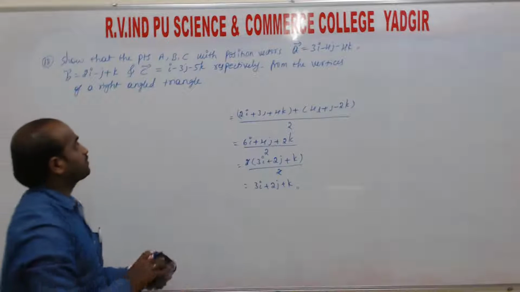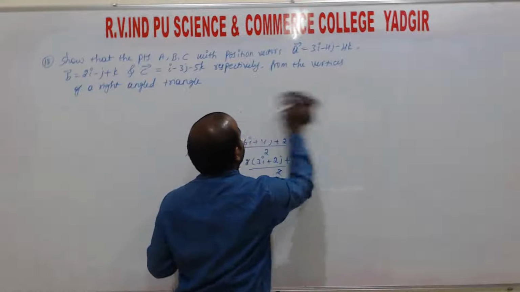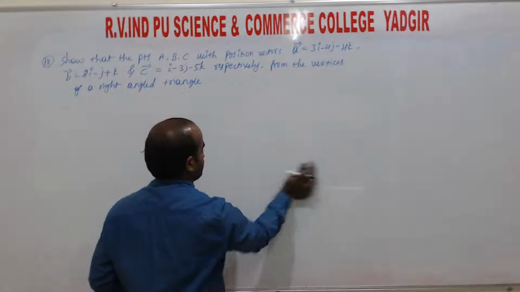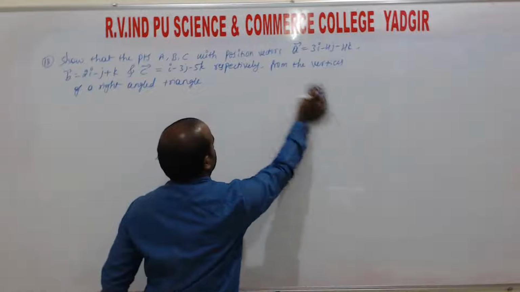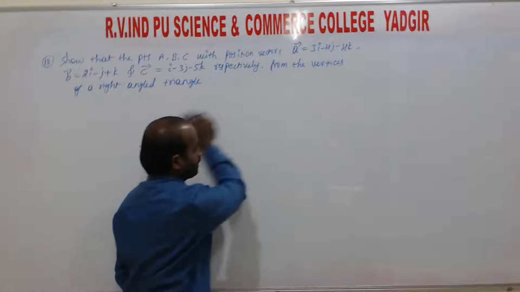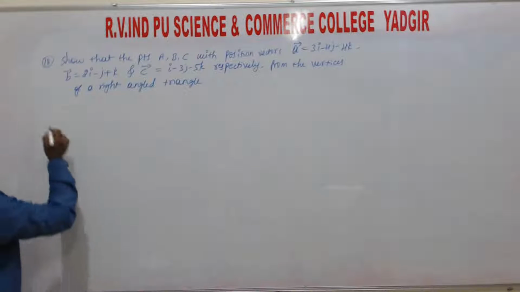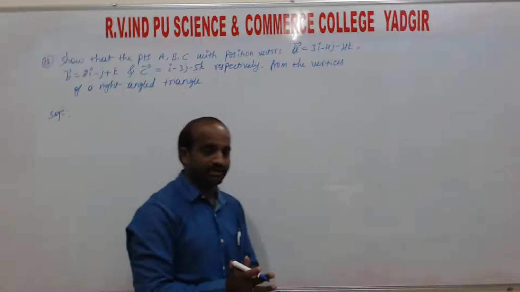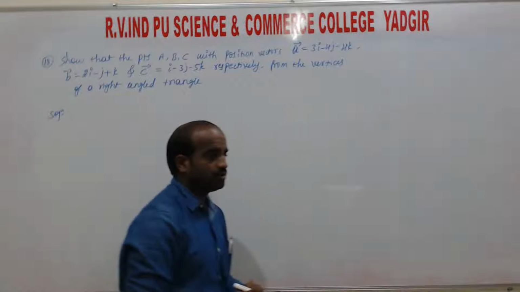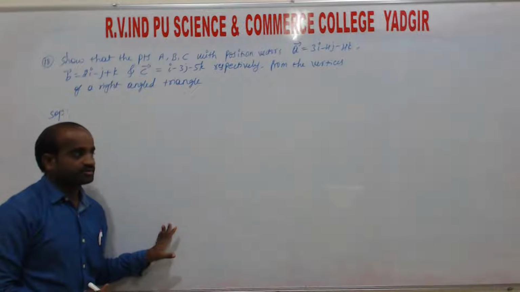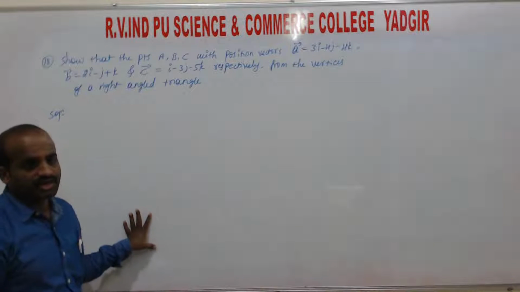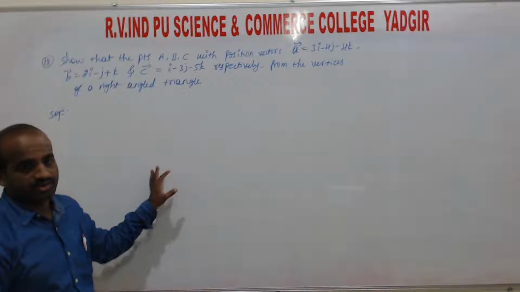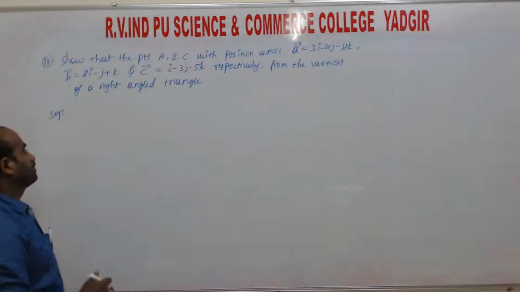This type of question, we have already done one. Then show that it is a right angle triangle: AB square equals BC square plus AC square, or AC square equals AB square plus BC square.